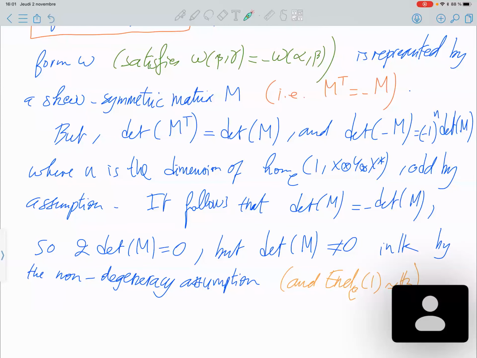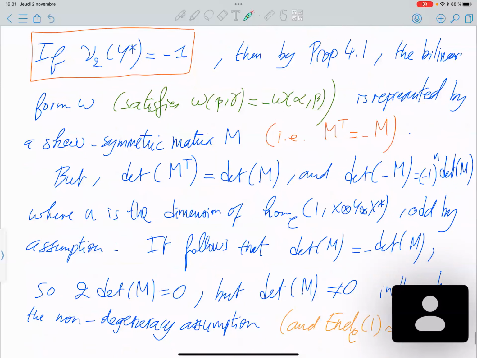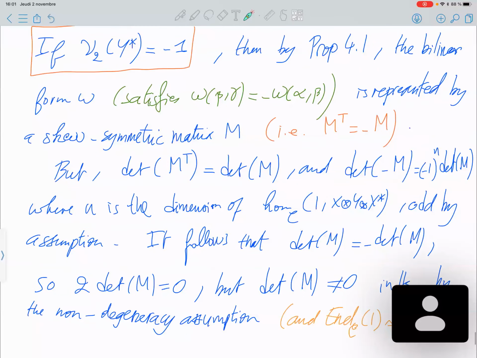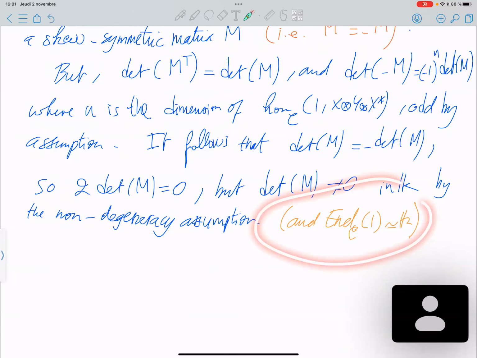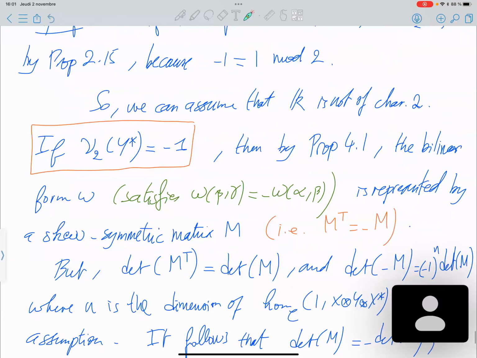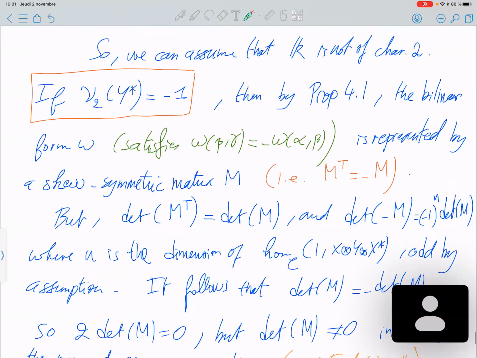So a bilinear form is represented by a skew matrix. Maybe it's not a good way, that should not be written here, but maybe here, by the bilinear form.